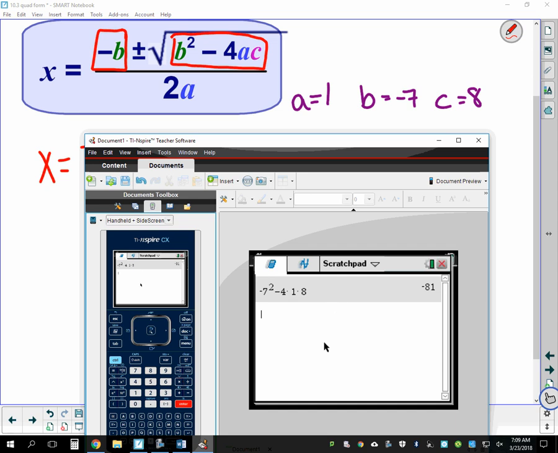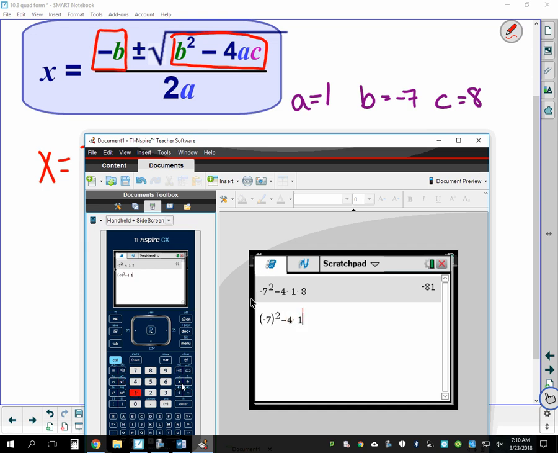Why? What did I do wrong? I want to square b. B is negative 7. Am I squaring negative 7 here? No, I'm only squaring the 7. So in order to square the negative as well, I have to use parentheses. So it has to be put in that format.